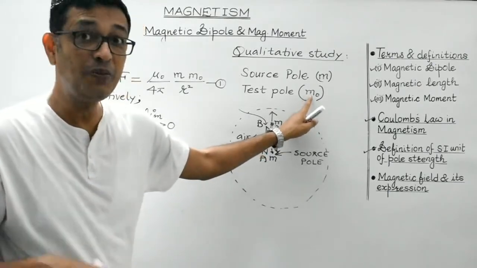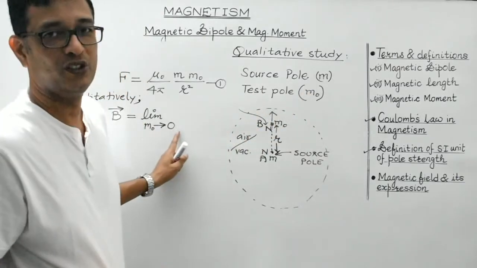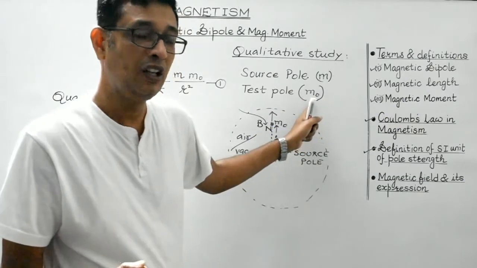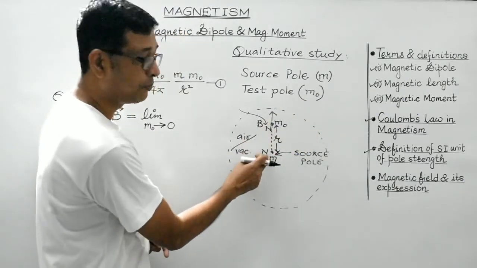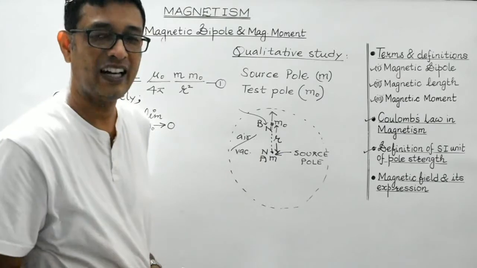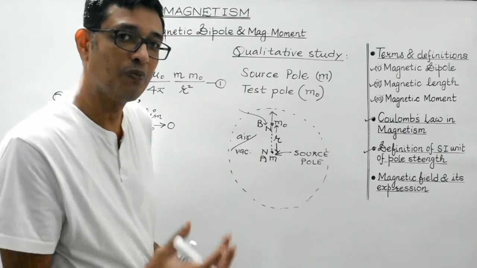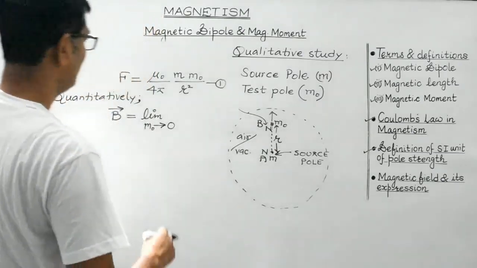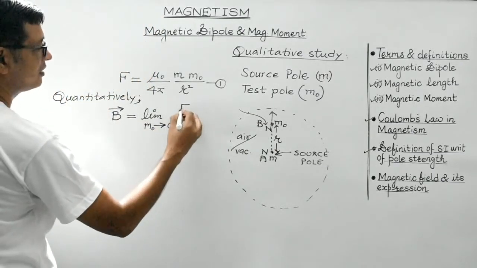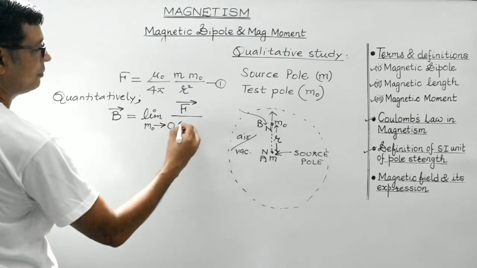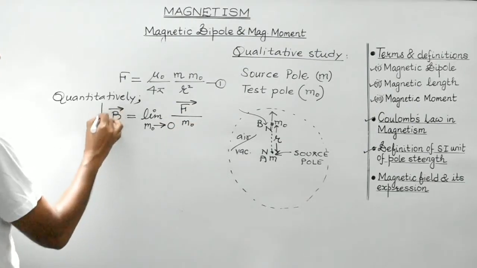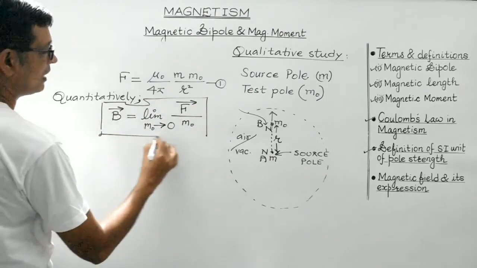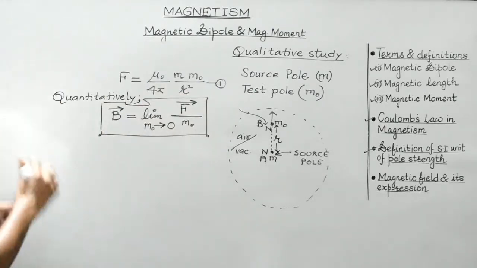Its pole strength can't be 0, but it approaches 0. Why is its pole strength considered to be negligibly small? So that it does not alter the position of the source pole, and as a result the strength of magnetic field at a point can be found accurately. So it is defined as F vector divided by m naught. So this is the quantitative or mathematical study of magnetic field.